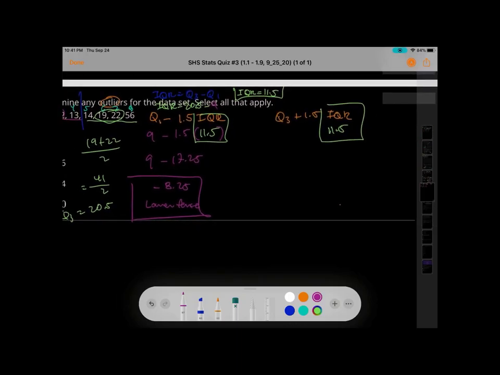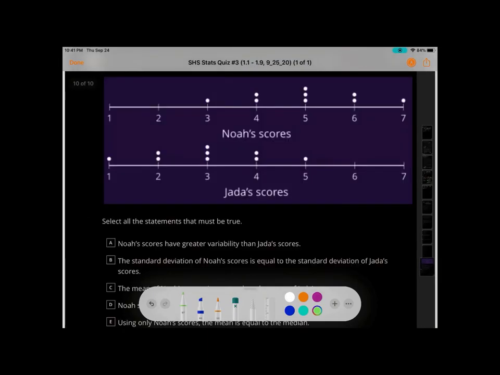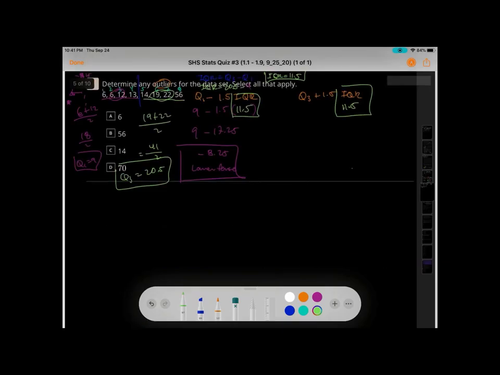All right, let's go ahead and try this one. Q3 down here, 20.5. No. 20.5 plus 1.5 times the IQR. I'm just using this number, 17.25, essentially the same, right?